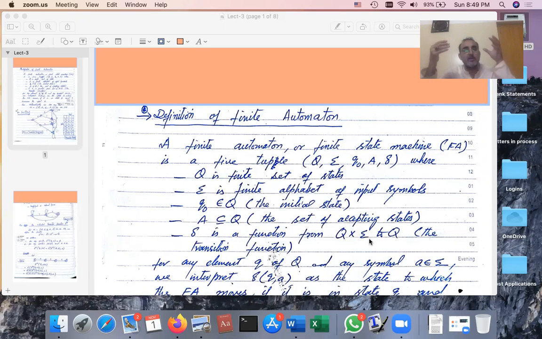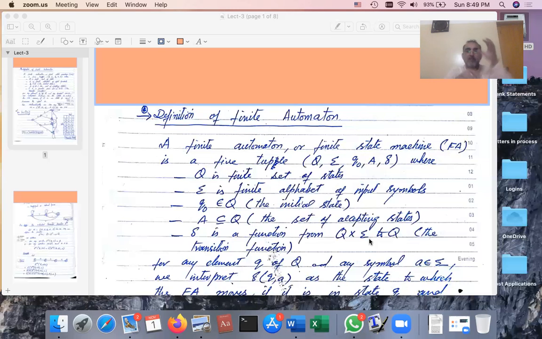You can take any state and apply any symbol, and then you can move on to some other state. In this way, you can take a second state, apply some input symbol, and go on to any further state of the FA. That's why it is a Cartesian product of big Q and sigma: all possible combinations of states and input symbols.